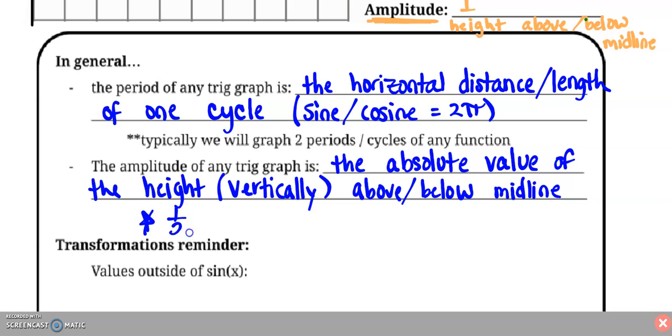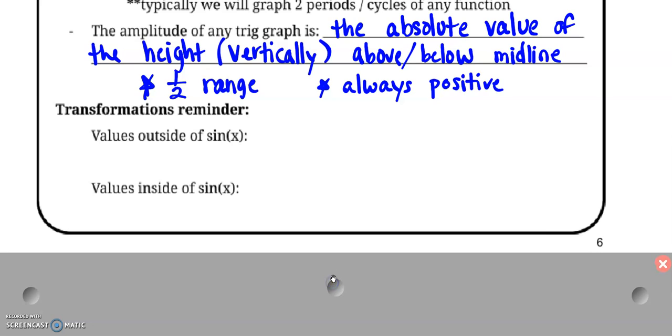You could also remember that it's half the distance of the range, or just remember that it's always positive. It's not this or that; it's always positive.